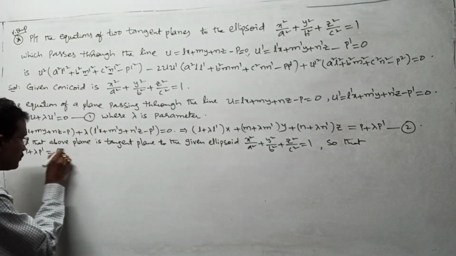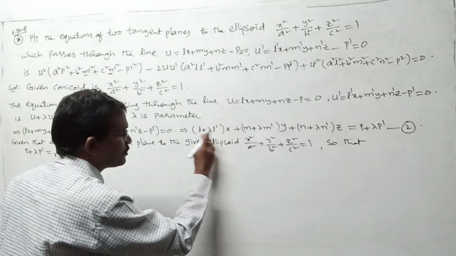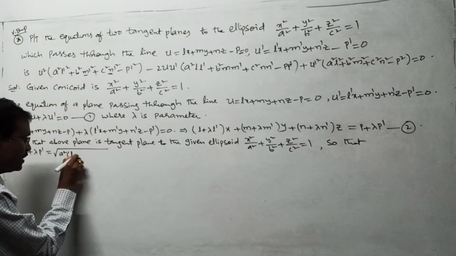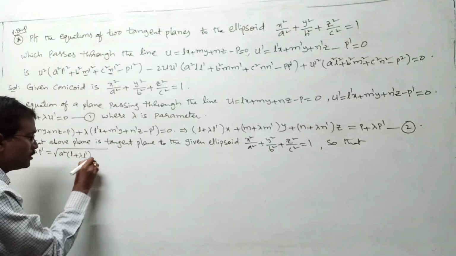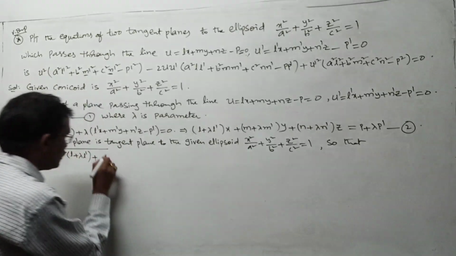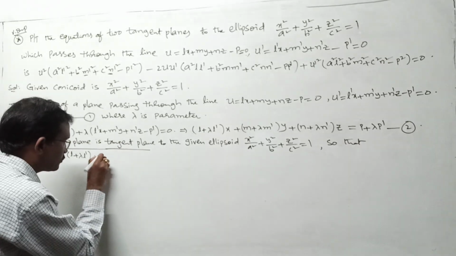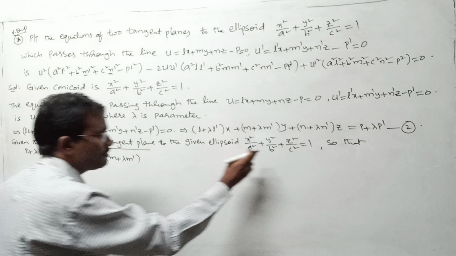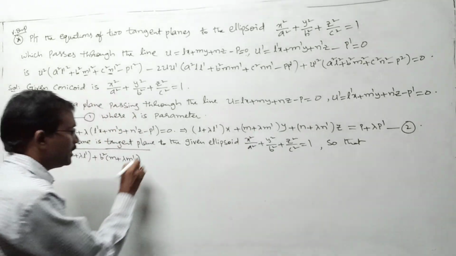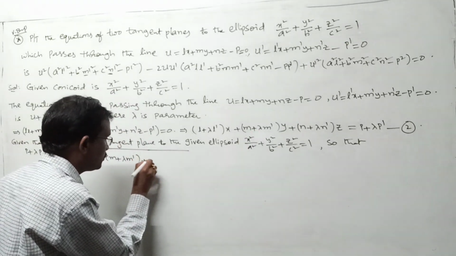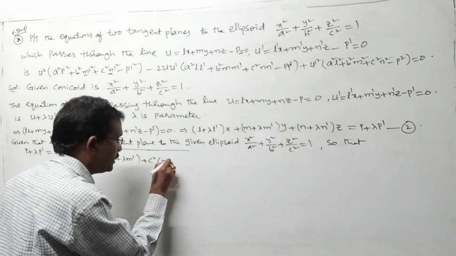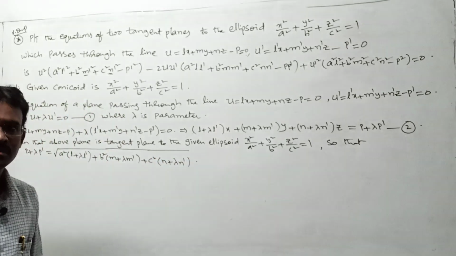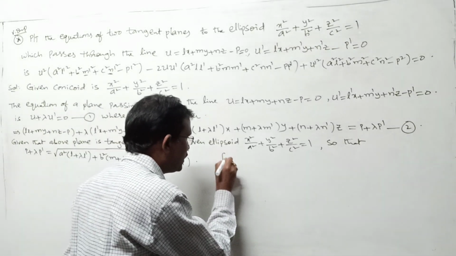of a square into l plus lambda l dash plus b square into m plus lambda m dash plus c square into n plus lambda n dash. Any problem with this one? Just for your convenience I am writing the condition.